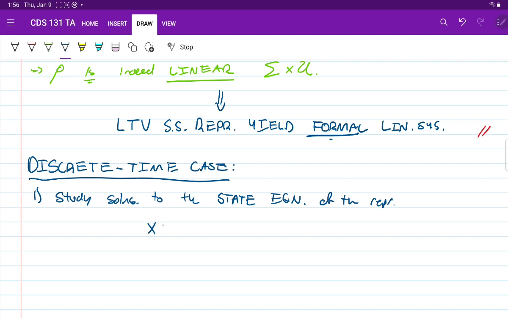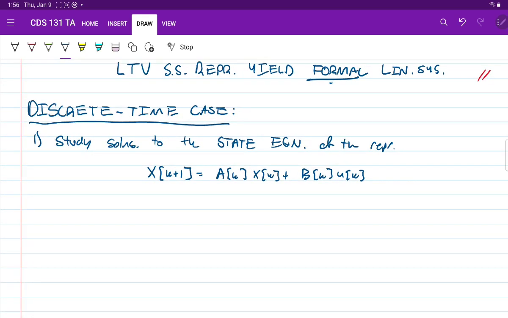So what we have is x at time step k plus 1 equals a at k times x at k plus b at k times u of k. A really nice feature of this is that solutions are automatically defined and automatically unique. So solutions exist and are unique.